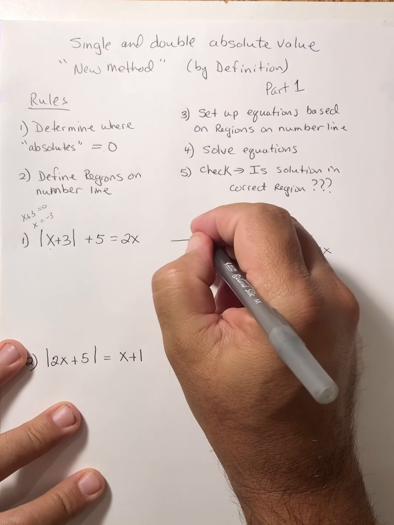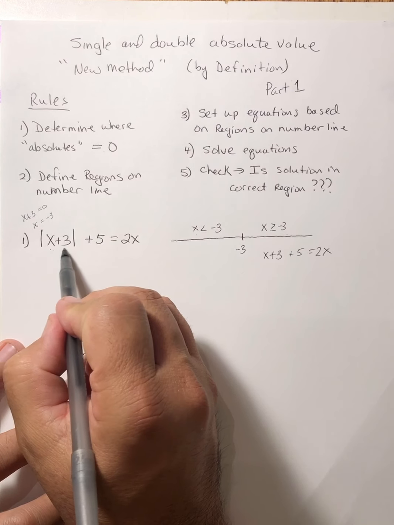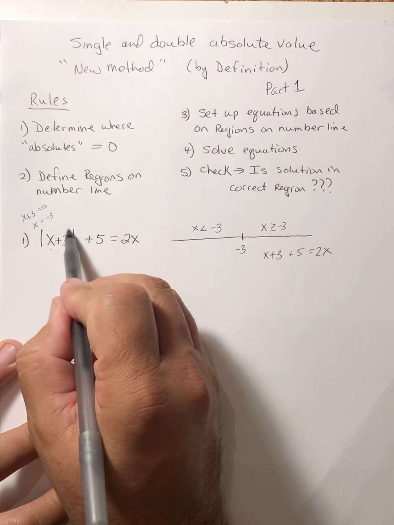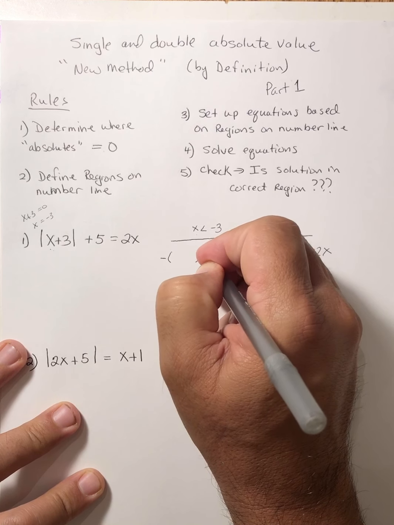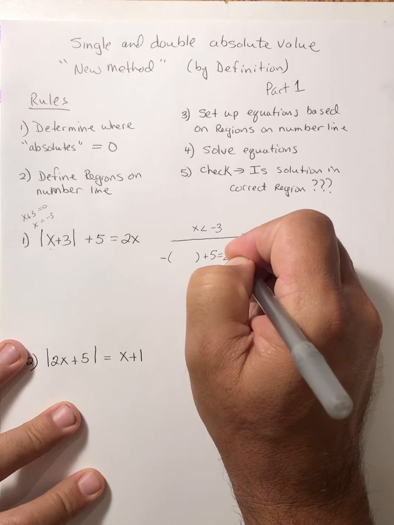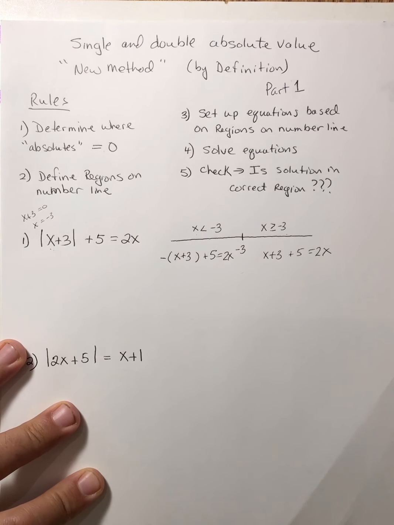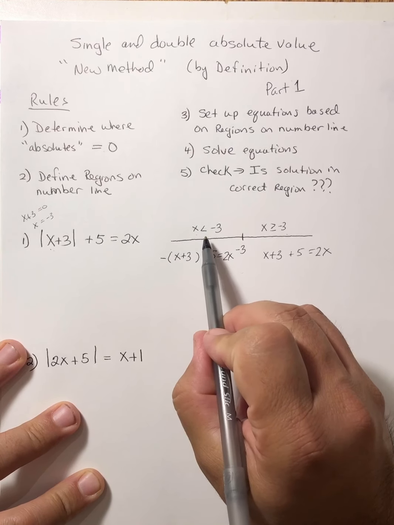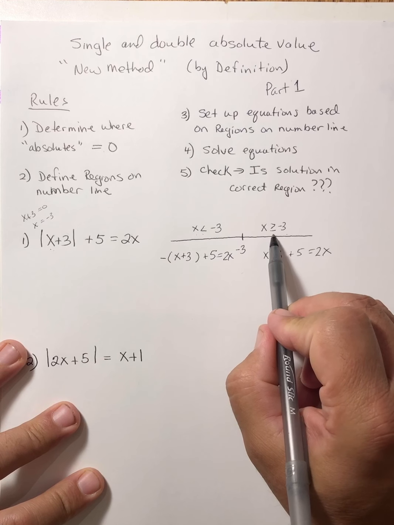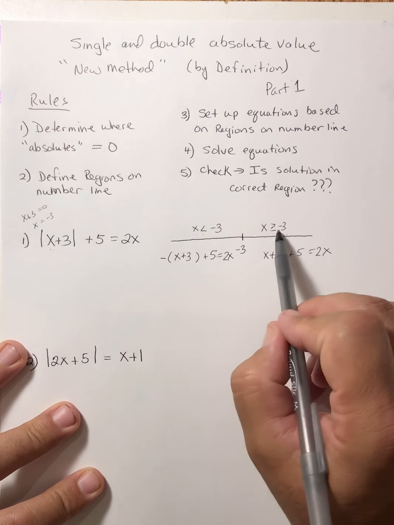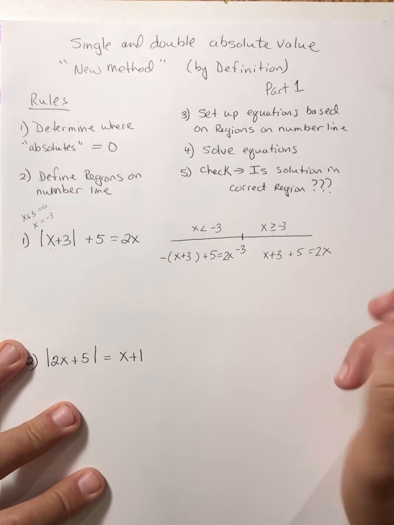And then when x is less than -3, everything inside here is negative. So negative parentheses x plus 3, and I got my plus 5 equals 2x. Now notice, with my inequalities, one I put strictly less than, one I put greater than or equal to. The side that you do that on does not matter because you have to include -3 somewhere.